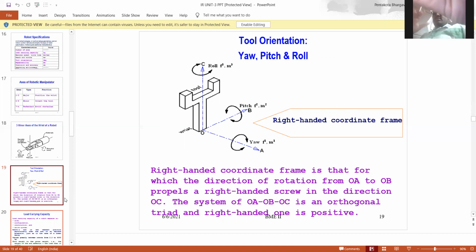In this system, you can use the right hand system and left hand system, and you can use the tool system. Next slide.